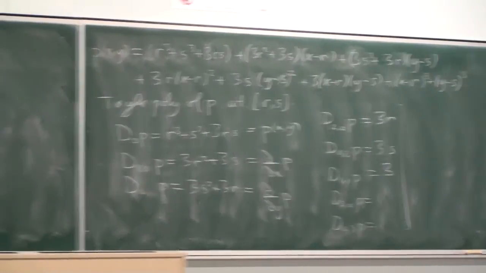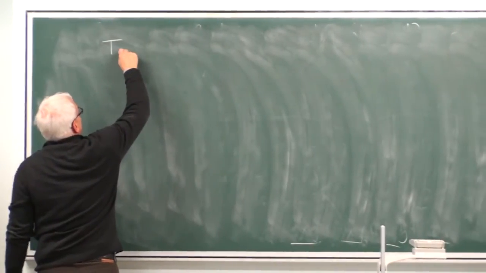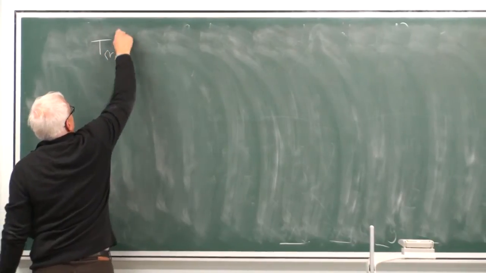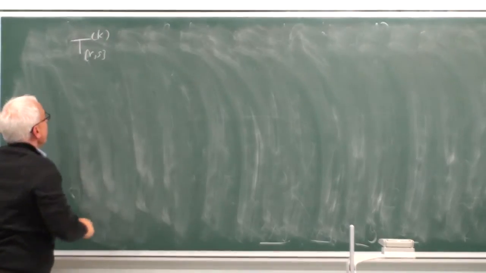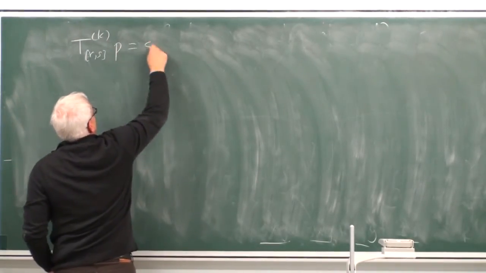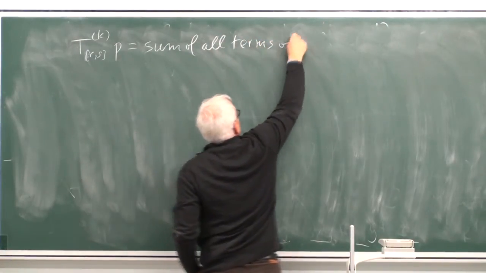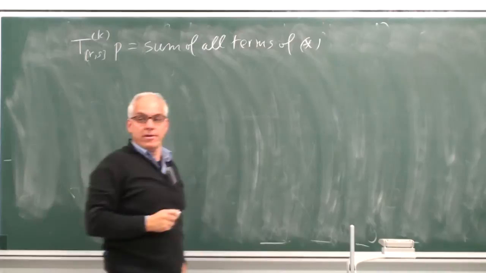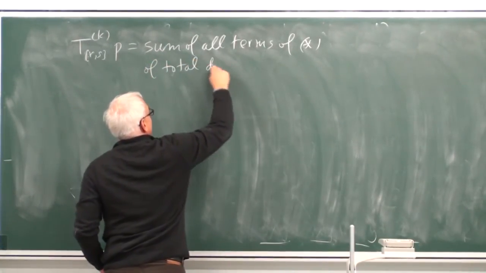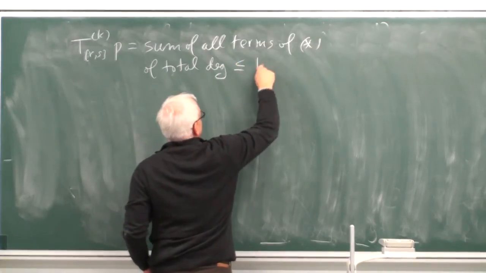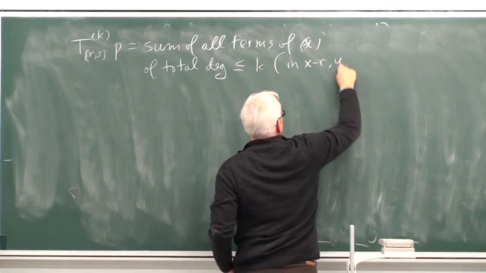So the tangent at (r, s) of degree k is going to be the sum of all terms of the expression I just wrote down of total degree less than or equal to k in x minus r and y minus s.